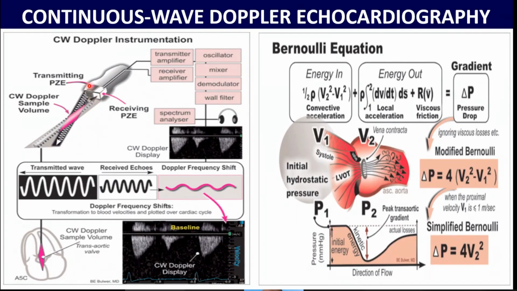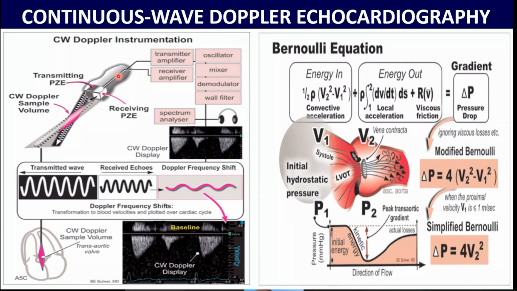One is continuously emitting the ultrasound waves, and one is continuously receiving them. When you activate the continuous wave Doppler button on the machine, you will be activating 2 crystals, one which is emitting the rays, the other one which is receiving the ultrasound waves.